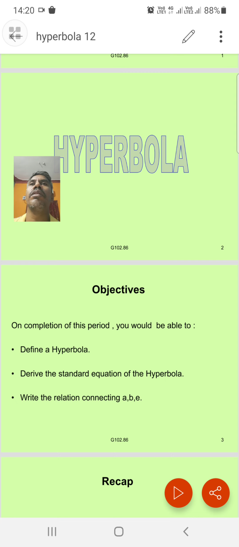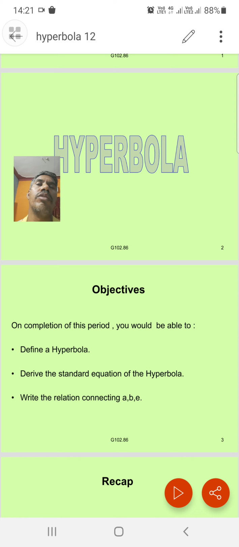When focus, eccentricity and directrix are given, then the equation of the particular conic section, either parabola, ellipse or hyperbola, the formula is the same: x minus x1 whole square plus y minus y1 whole square equals e square into (ax plus by plus c) whole square by a square plus b square.